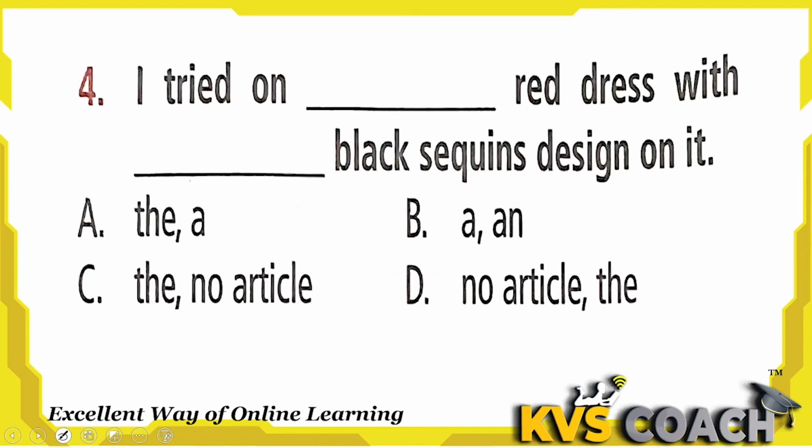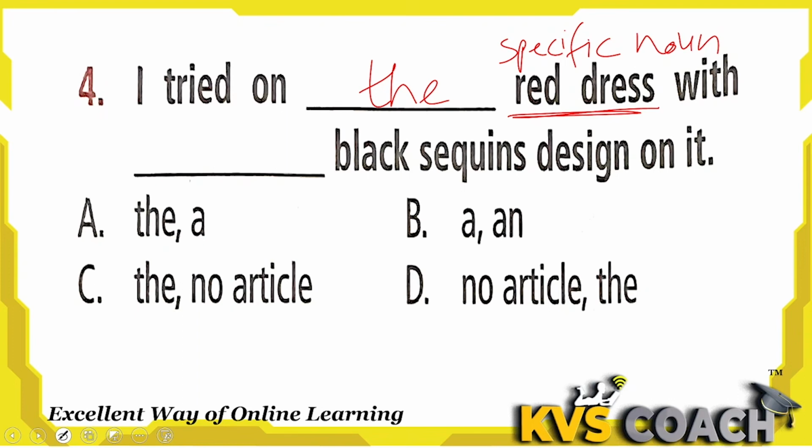Next, I tried on dash red dress. It means the person is talking about the red dress, so it is a specific noun here. For a specific noun, what do we use? We use the, the definite article. With dash black sequin design on it.